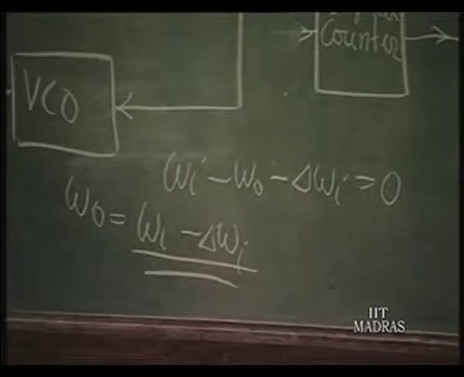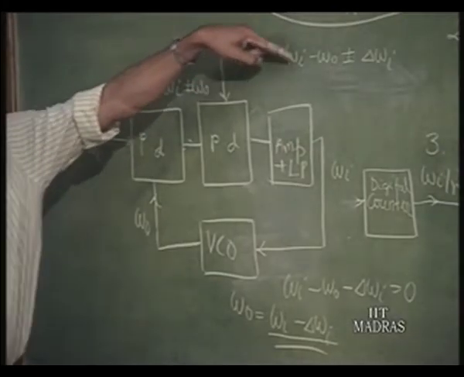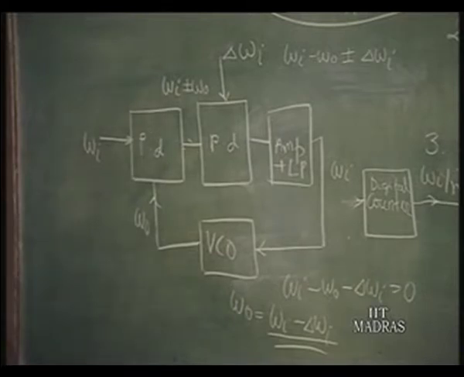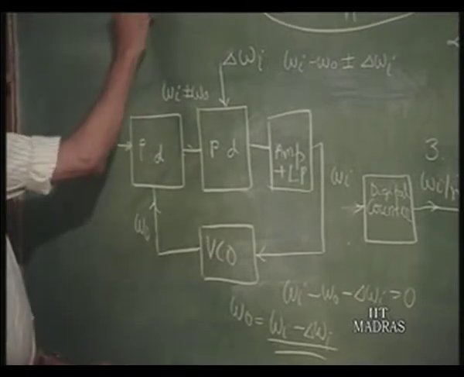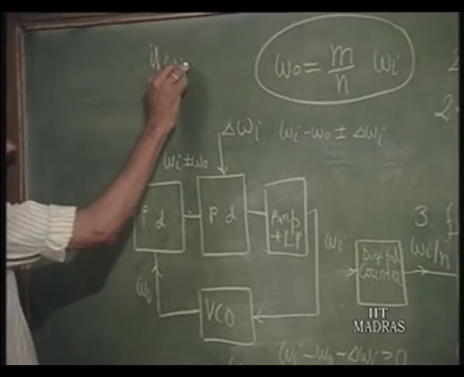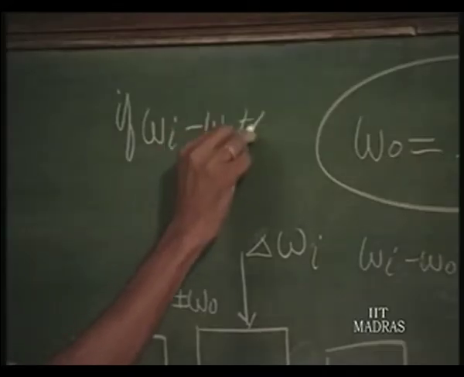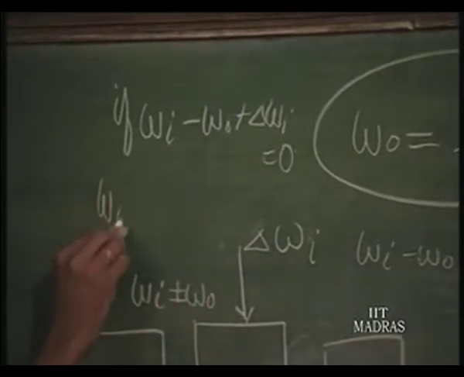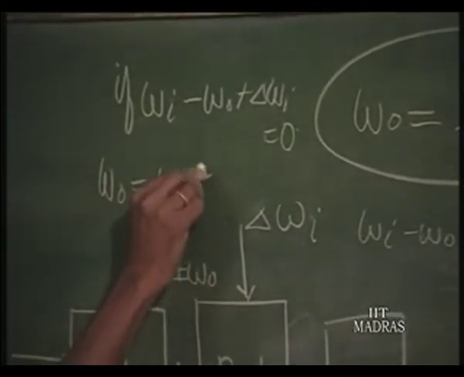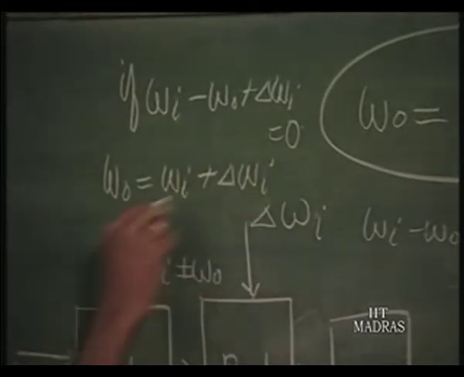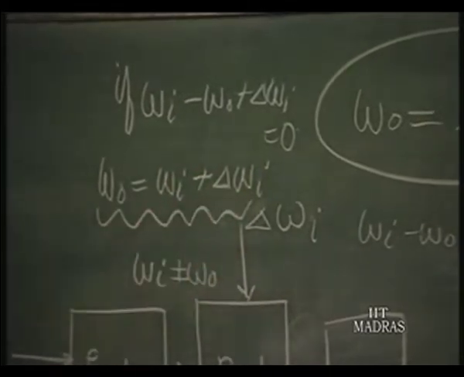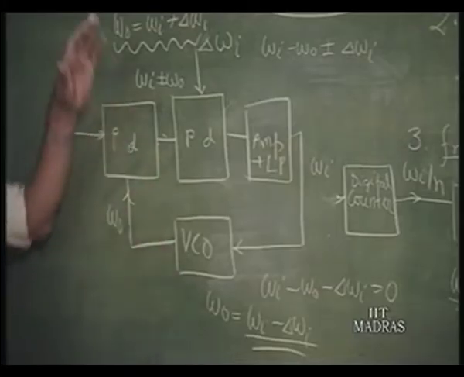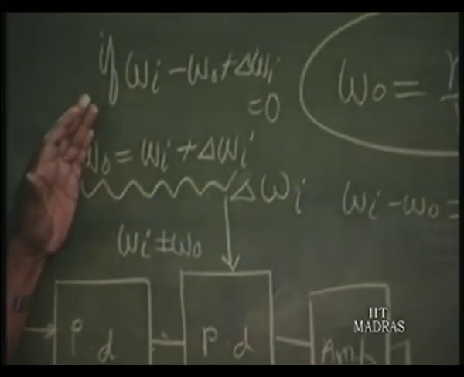Suppose I had taken the other one as the DC, omega I minus omega naught plus delta omega I is equal to 0. If that is the case, then omega naught would have been omega I plus delta omega I. So, either this or that can be the output.